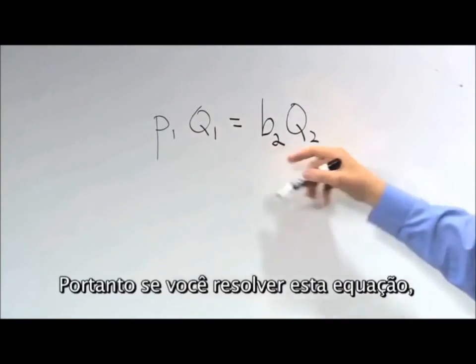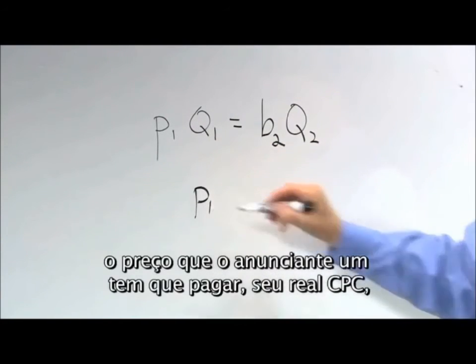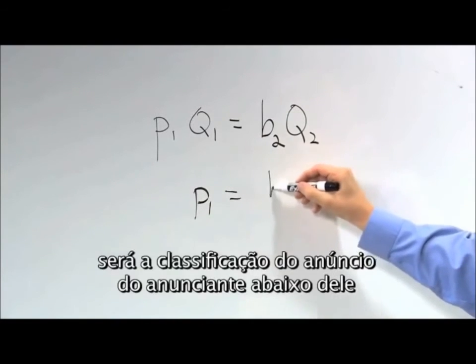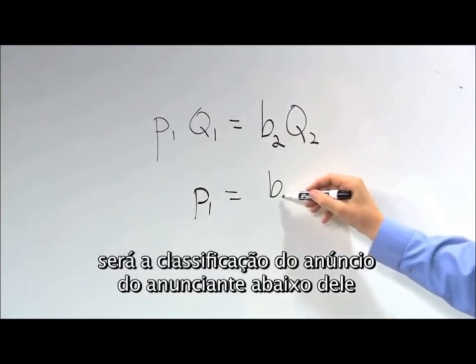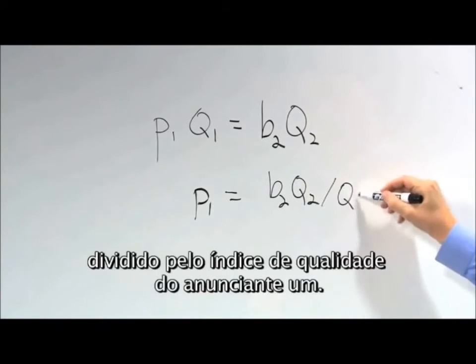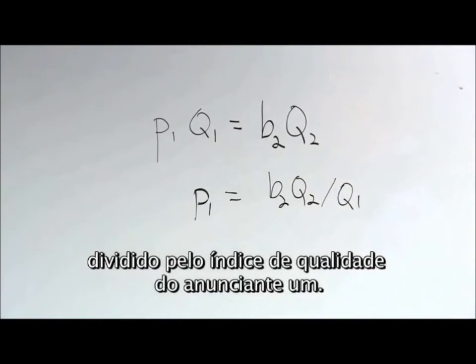So if you solve that equation, the price that advertiser 1 has to pay, his actual CPC, is going to be the ad rank of the advertiser below him divided by the quality score of advertiser 1.